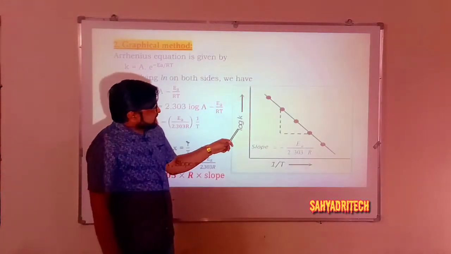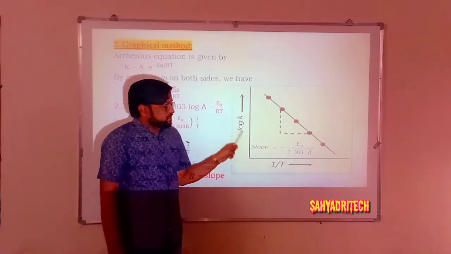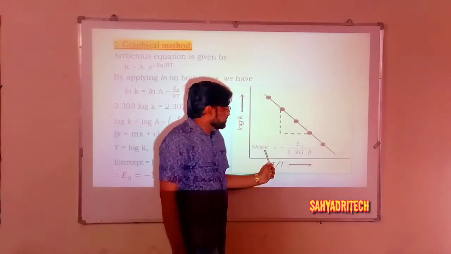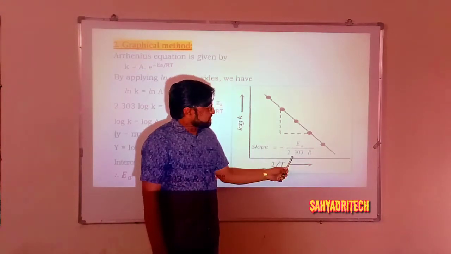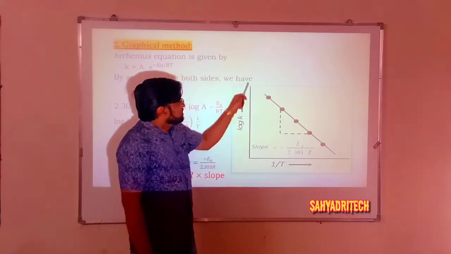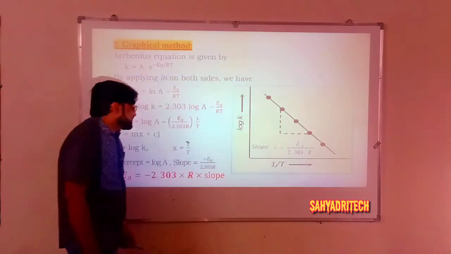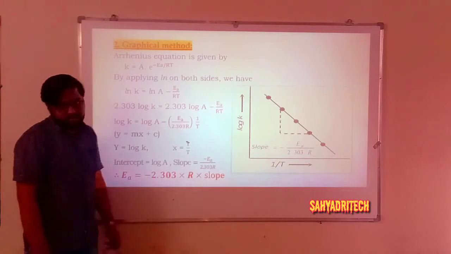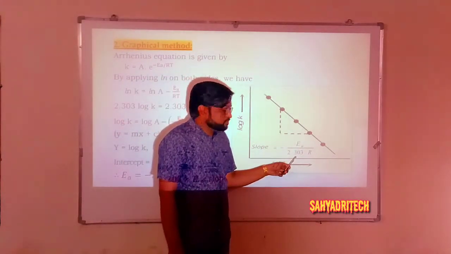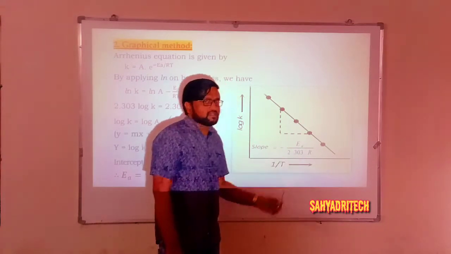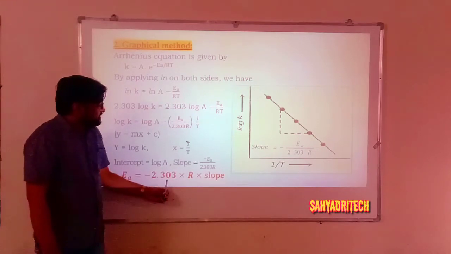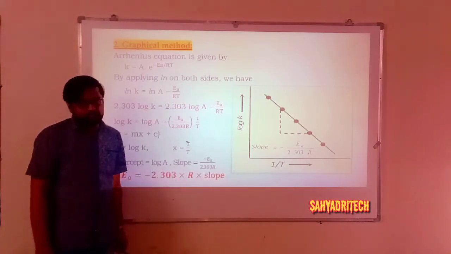So what are the coordinates I said? Log K versus 1 by T. If you plot a graph of log K versus 1 by T, we get a straight line with slope equal to minus Ea divided by 2.303 R, and on extrapolating, it cuts the y-axis, it gives the intercept, that is log A. So here the slope is minus Ea by 2.303 R. As I said, on rearranging, we get the expression Ea is equal to minus 2.303 into R into slope.